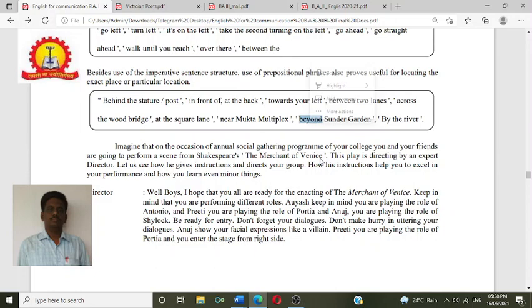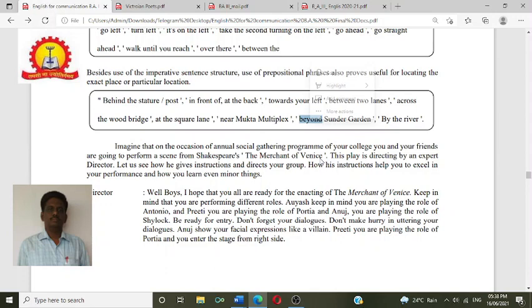All these are prepositional phrases because they give information about the position. By the river, in front of the bank. All these are the prepositional phrases that we generally require to give instructions regarding places.